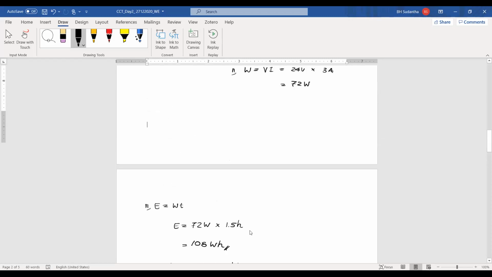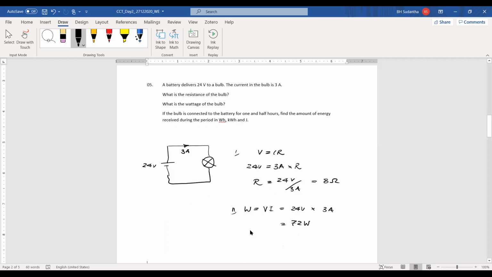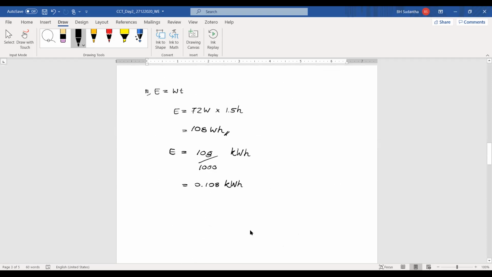Okay. Then we have to convert this into joules. To convert into joules, we can take this 108 watt hours. Then hours we can convert into minutes by multiplying by 60. Then we can multiply it by another 60. Then these hours will become seconds.